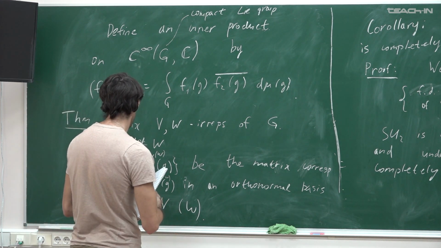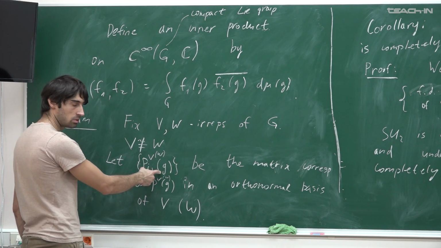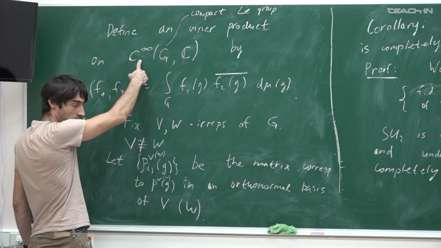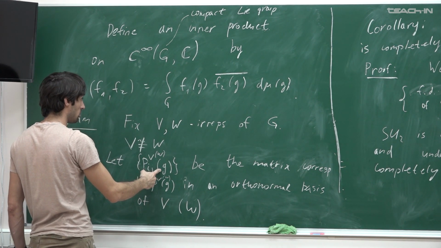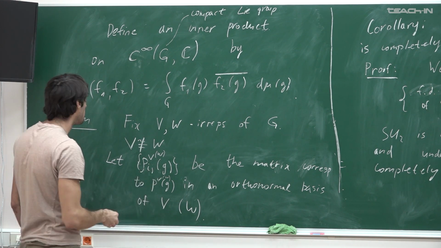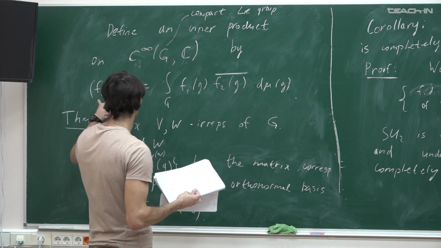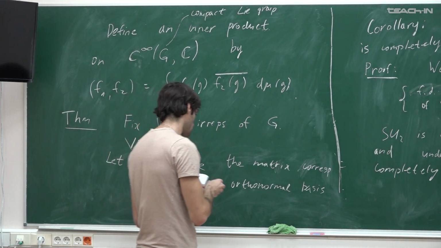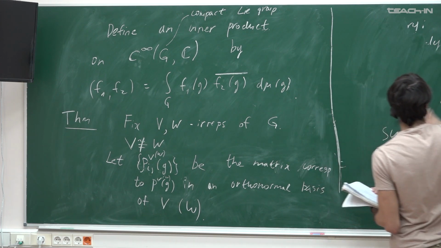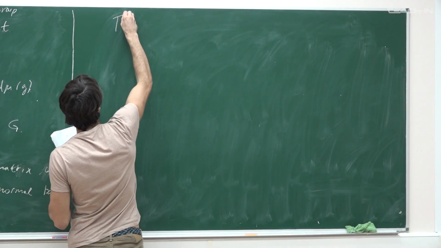Then each rho ij V or rho ij W is an element in here, so it's a function on G, a smooth function on G, complex valued. Therefore I can compute an inner product of these things. So the statement of the theorem is the following.